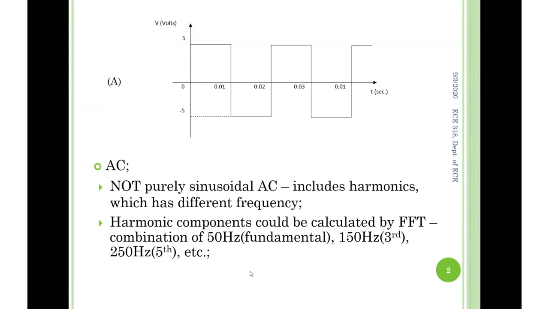This is something you will probably learn in physics class and CE 302. This is a technique we use to find out each component mixed in the total signal. So this is signal A.